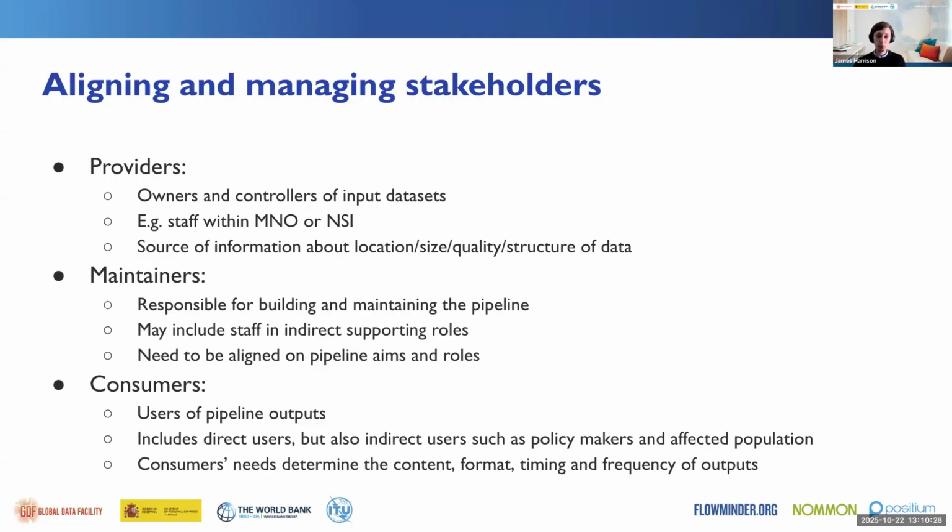Also, some of those provider stakeholders I mentioned at the start. So the people providing the data sets, if those data sets are not already routinely made available for similar purposes, there might be extra work on them to make that data available, keep the data flowing into the pipeline in the first place. So then they might also become maintainers.